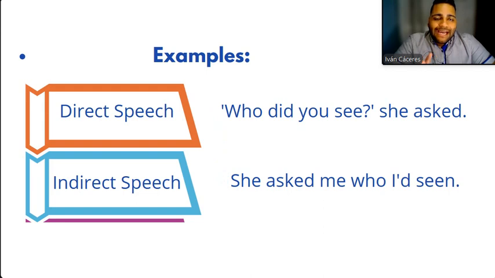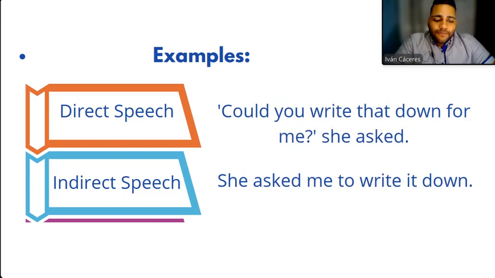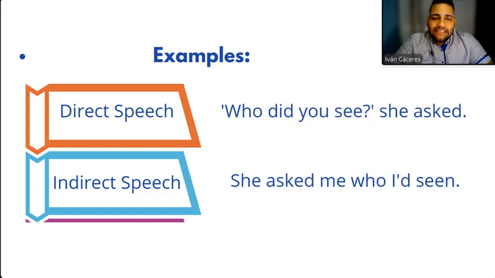We are applying the same rule that we had for reported speech, which is if you have simple past, then you should use past perfect, and that's the reason why we have past perfect here. She asked me who I had seen, good.